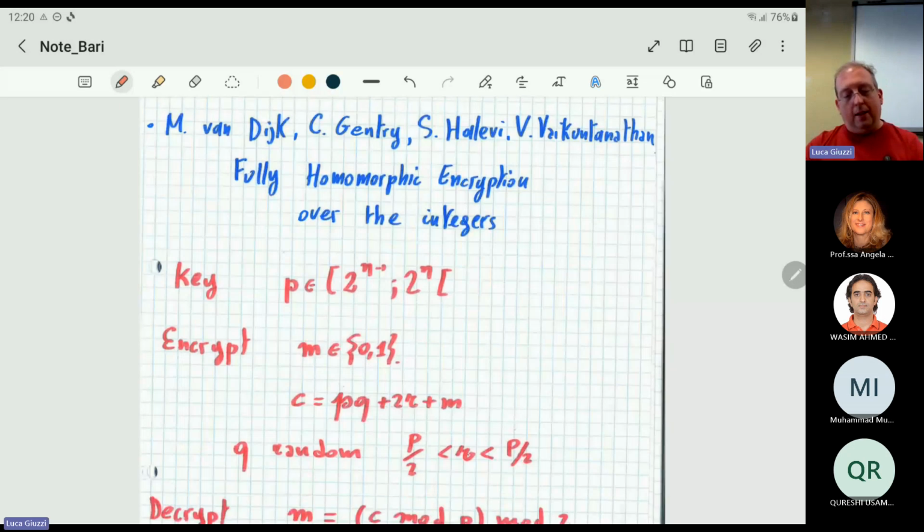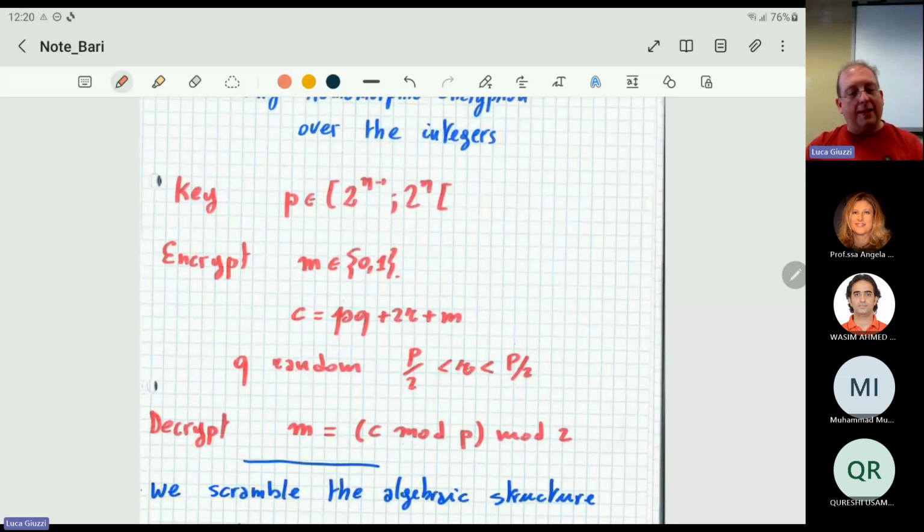Vaitikuntanathan, which basically has the nice property that the product of two ciphertexts is an encryption of the product of two plaintexts, and the sum of two ciphertexts is an encryption of the sum of the two plaintexts.